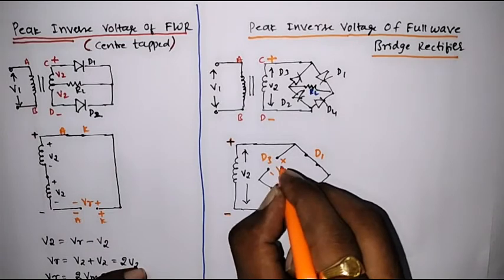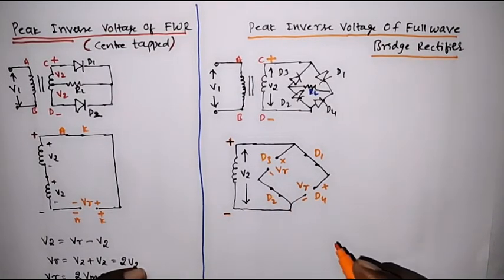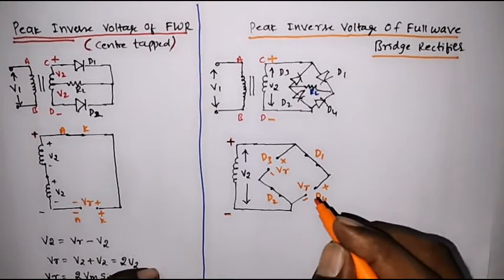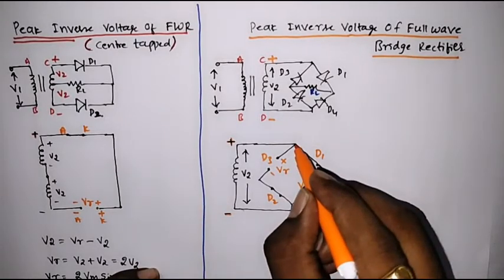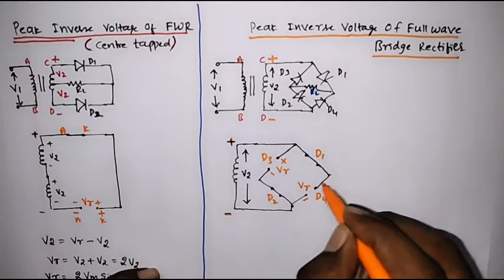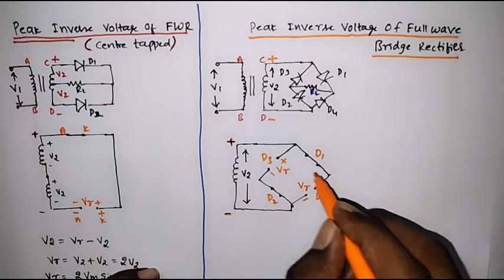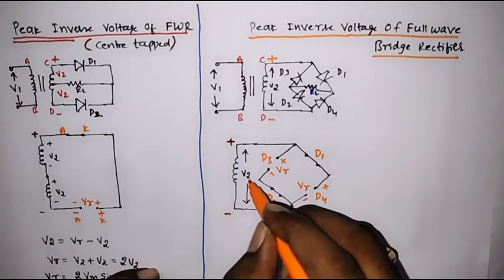The voltage across this is reverse voltage, voltage across this is reverse voltage. Now here we can observe that the voltage across this part is equal to the voltage across this part, as these two are parallel to each other. Therefore the voltage across either this part or this part is equal to V2.